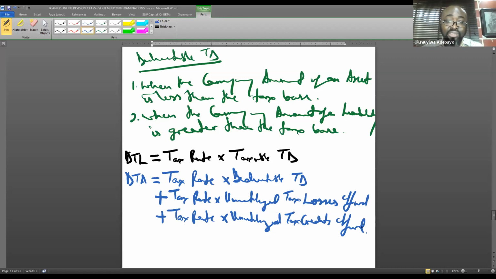Whereas deferred tax liability is only the recognition of the impact of taxable temporary difference. Does that make sense?